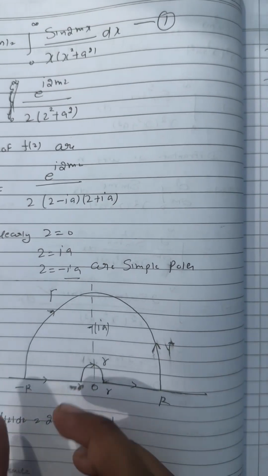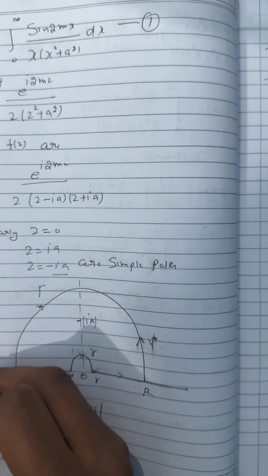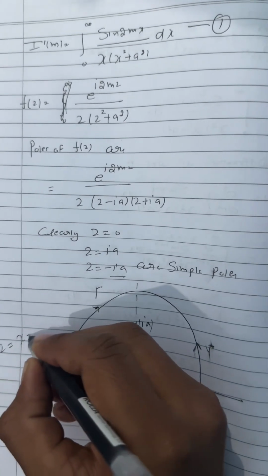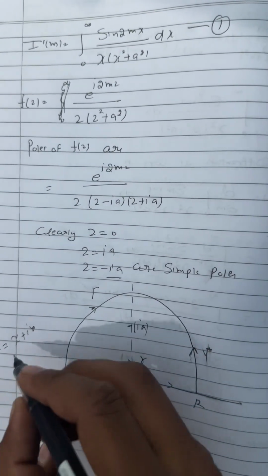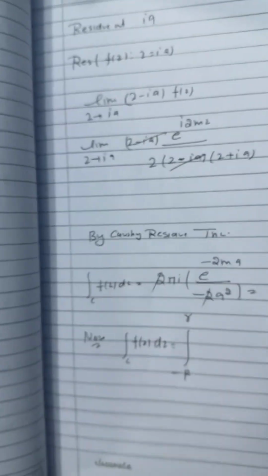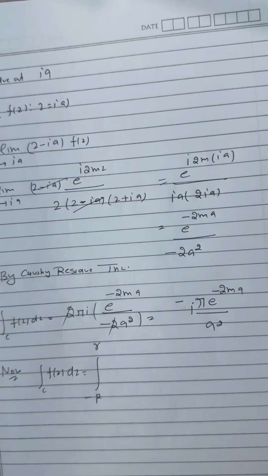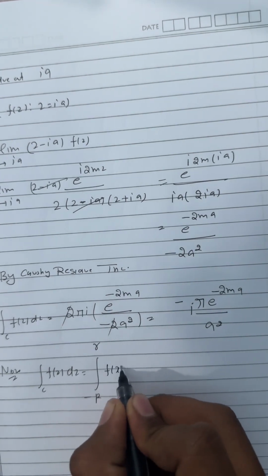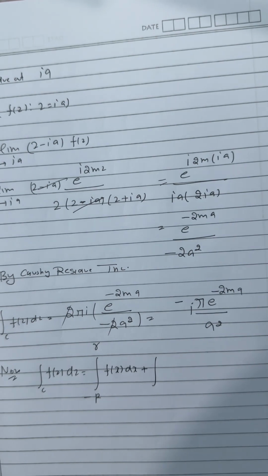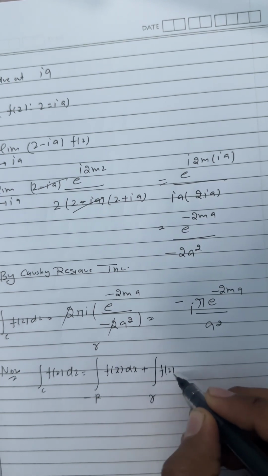On the real line, from minus r to r, what will be z? z is equal to x plus i y. But on this line y is 0, so z is equal to x, and dz is equal to dx. So we can write f of x dx here. After that we are going along small gamma, f of z dz.